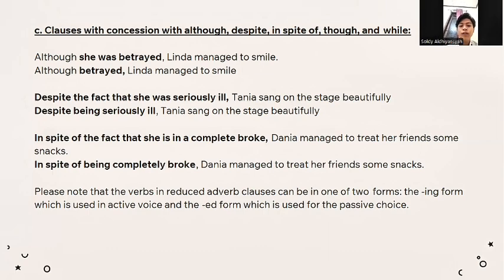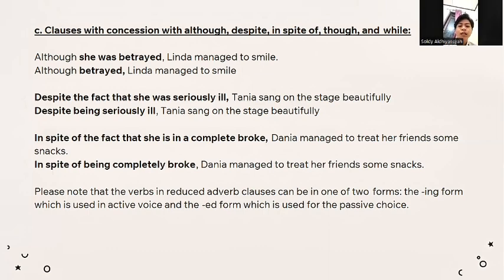Despite being seriously ill, Tanya sang on the stage beautifully. In spite of the fact that she is completely broke, Dania managed to treat her friend some snacks. In spite of being completely broke, Dania managed to treat her friend some snacks.